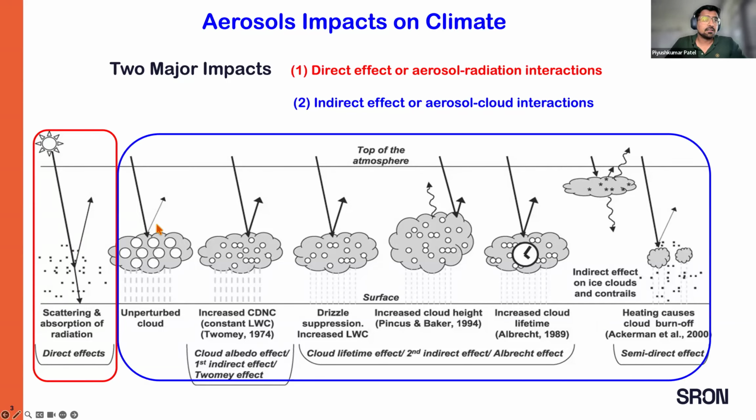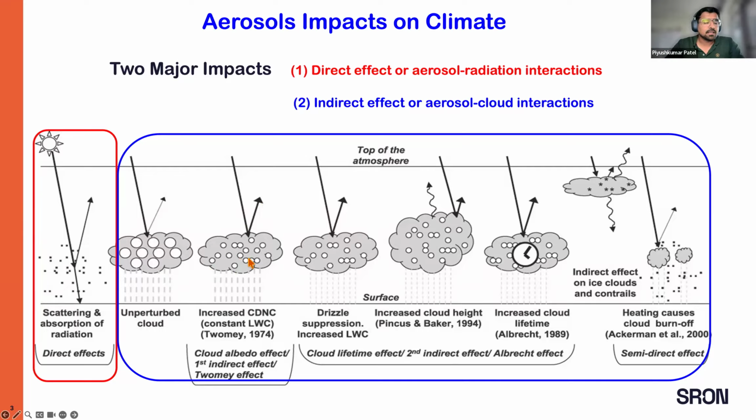Now there is a second effect we call the indirect effect, where anthropogenic aerosol particularly acts as cloud condensation nuclei or ice nuclei and forms the cloud droplets. These cloud droplets are smaller in size, and because they are small, you have a large surface, and that large surface reflects more radiation to space.